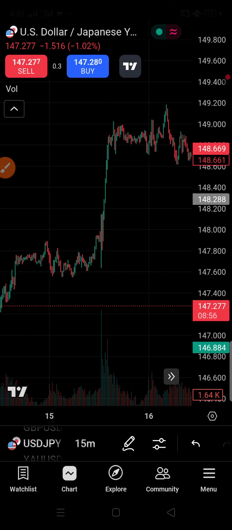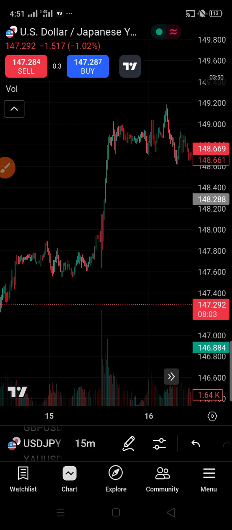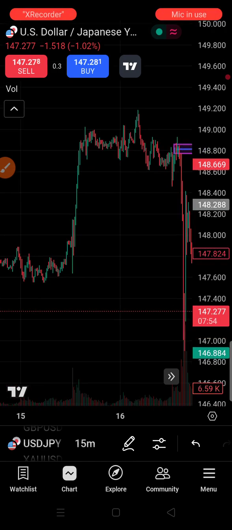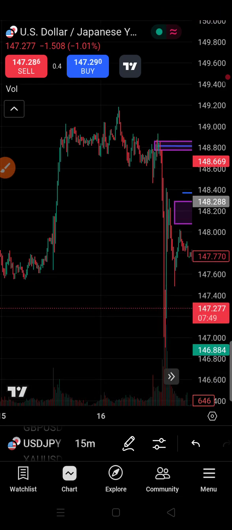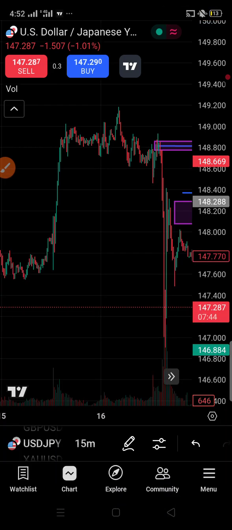Since we've seen this imbalance created, and it came back here again, and then it was ranging within this zone, we waited patiently for that consolidation to have a breakout.